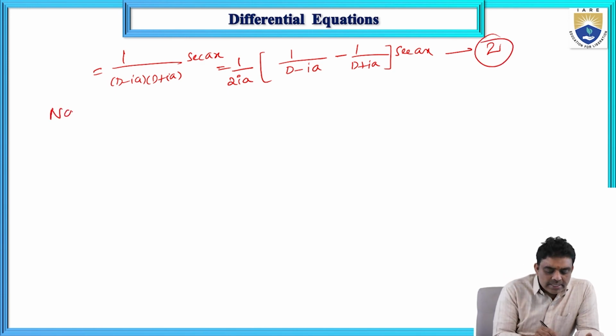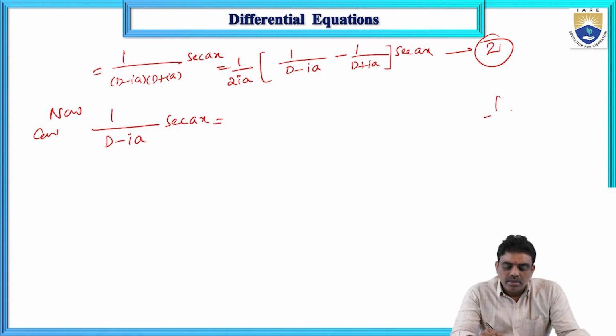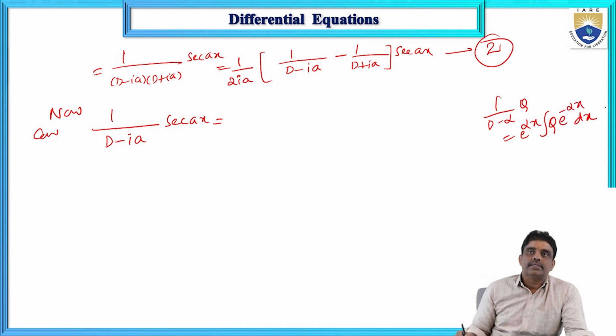Now consider 1 by d minus ia of secant ax. This looks like 1 by d minus alpha of q. So the formula is e power alpha x integral q into e power minus alpha x dx.